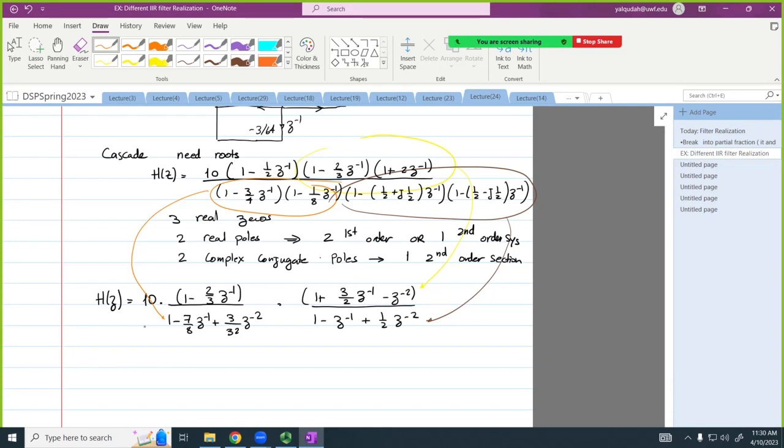So this will give me a second order. This is the first order. This is the second order. This is the second order. Together? Is that clear? Everybody?